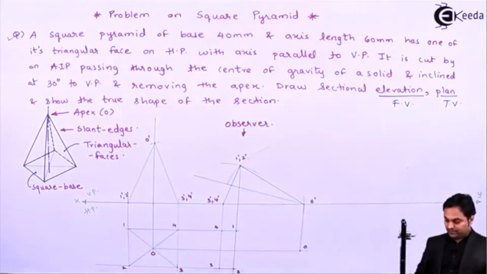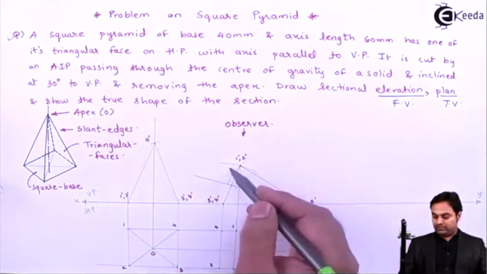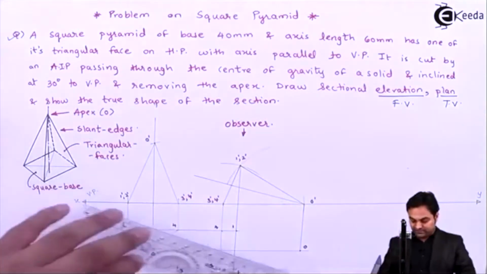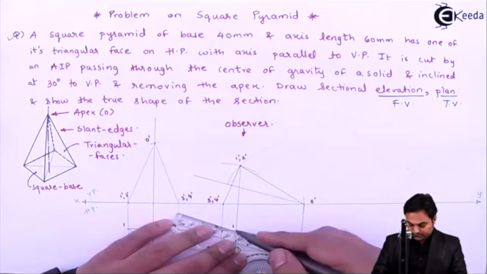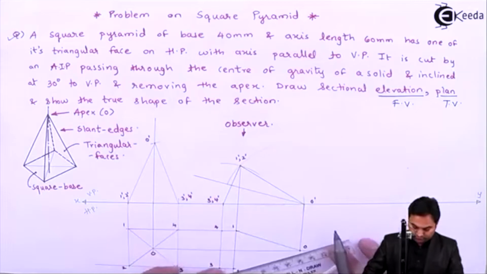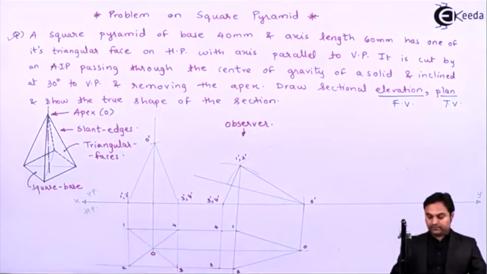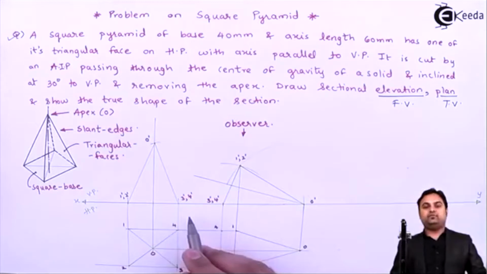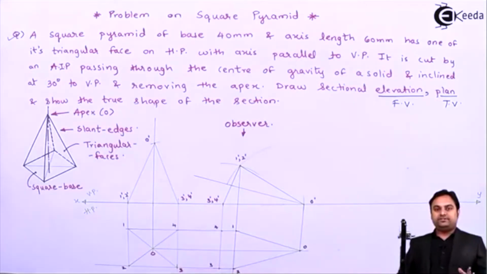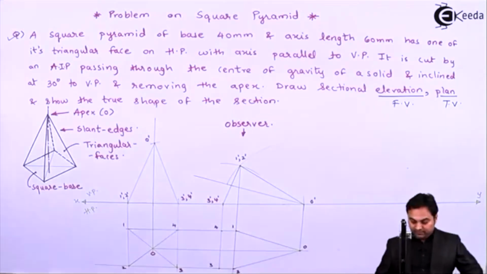Next, joining them. As an observer when we are looking from top, O dash 1 dash and O dash 2 dash are visible. So joining O to 1 and O to 2. As an observer, the edge O dash 3 dash and O dash 4 dash, which is forming the triangular face O dash 4 dash and 3 dash, that triangle will be hidden.